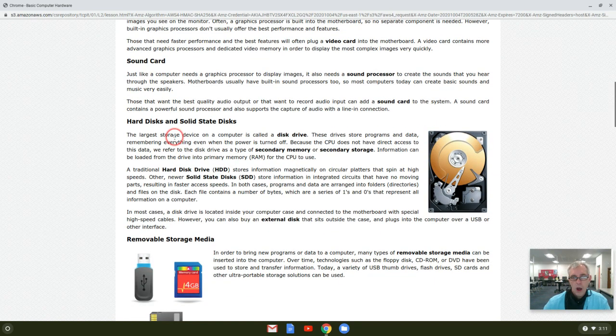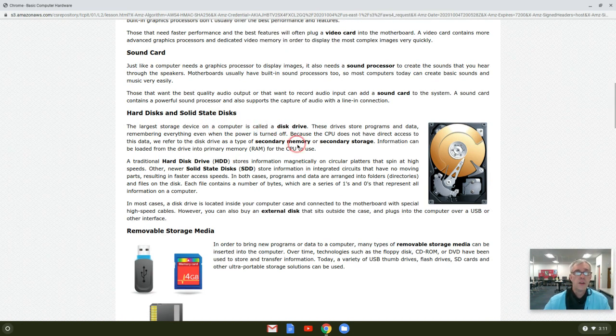Now, hard disk and solid state disk. This is something that's really quite new. For years, since the 80s, really even before that, a hard disk looked like the image here on the screen. You had a spinning platter, and then the read-write arm, the silver arm that is sticking out over the gold platter.